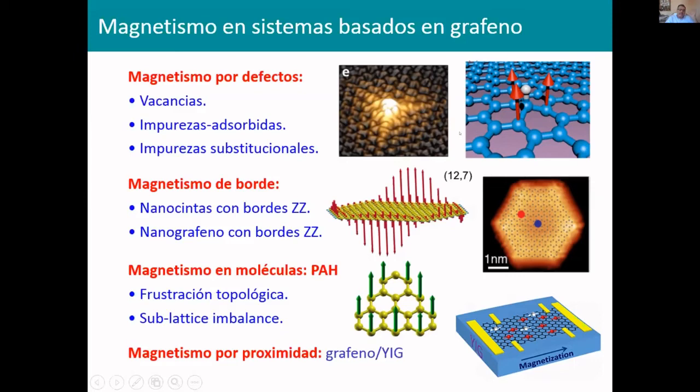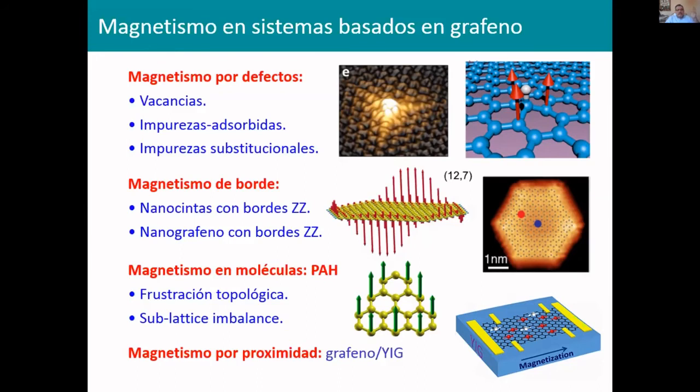And this is a very important topic because, as we know, currently the synthesis and in fact the elaboration of devices based on graphene is possible. So there is a lot of interest to induce a spin polarized current in order to apply graphene in spintronics and other kinds of new technology.